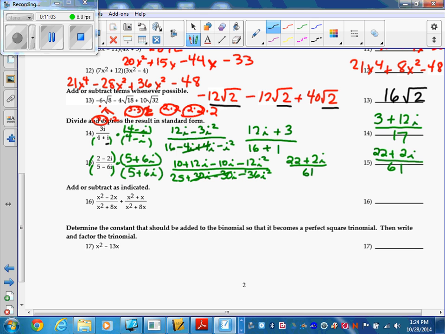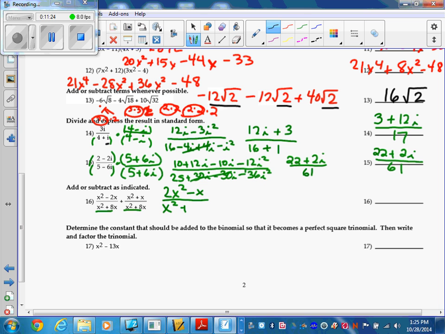Okay, number 16, these denominators are the same. So we just combine the tops. So x squared plus x squared is 2x squared. And negative 2x plus x is negative x over the same denominator.